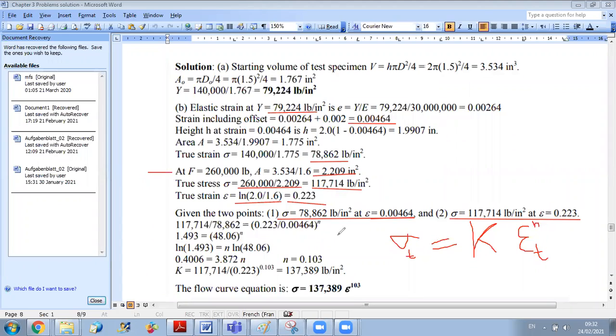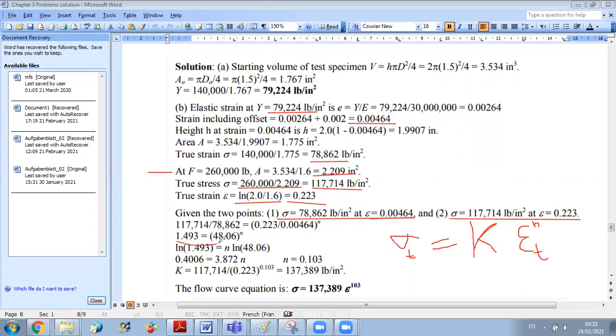I will apply it for both points; they should verify this rule. In general, we always first find n by dividing the 2 equations. If you divide sigma 1 over sigma 2, K will be simplified, since K is in both terms, and you get epsilon 1 over epsilon 2 to the power n.